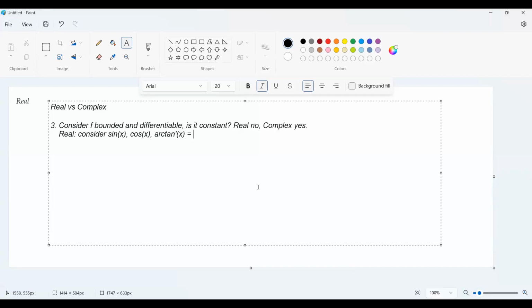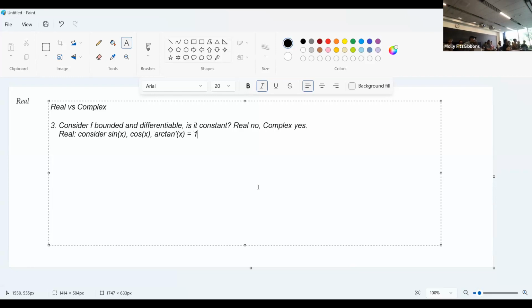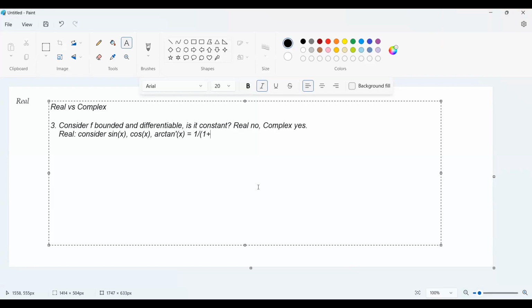Anybody remember the derivative of arctangent? 1 over 1 plus x squared. So that's a great example of a function that is differentiable, it's bounded, but it's not constant. Complex analysis is very different here.